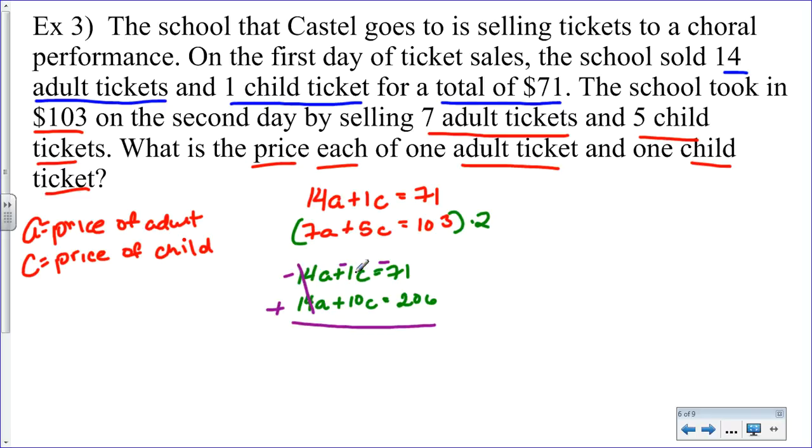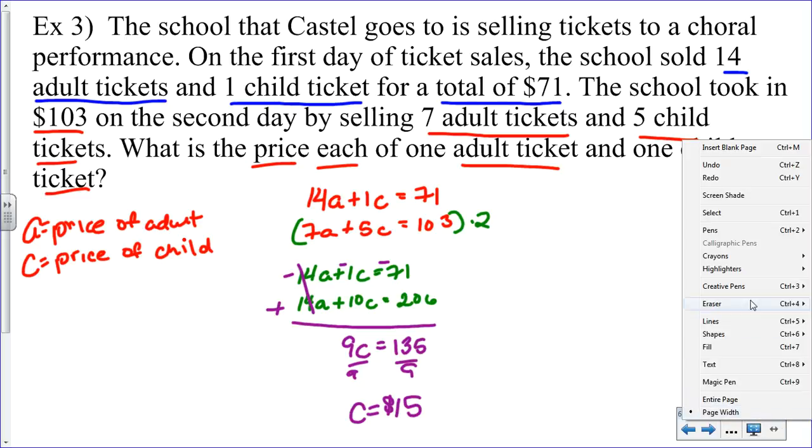So if I add, negative 1 and 10 is 9. And negative 71 plus 206 is 135. So to solve from here, I'm going to go ahead and divide by 9 on both sides. So a child ticket is $15.